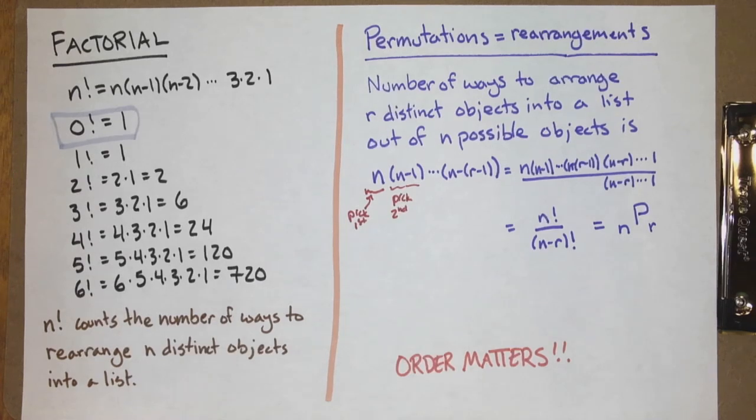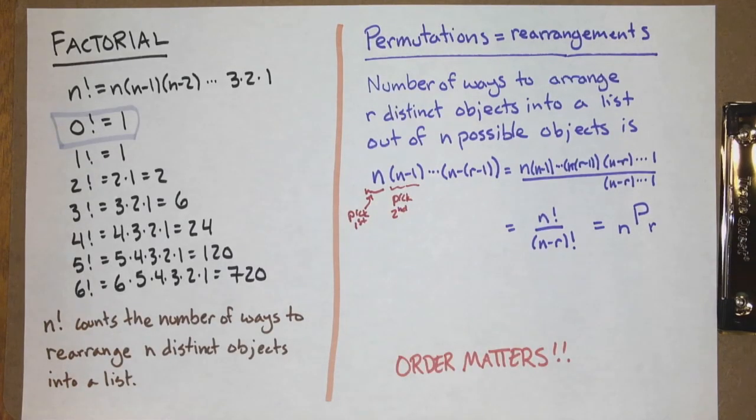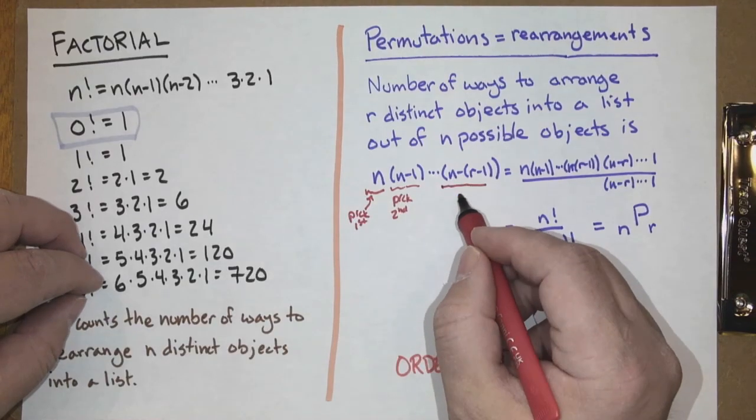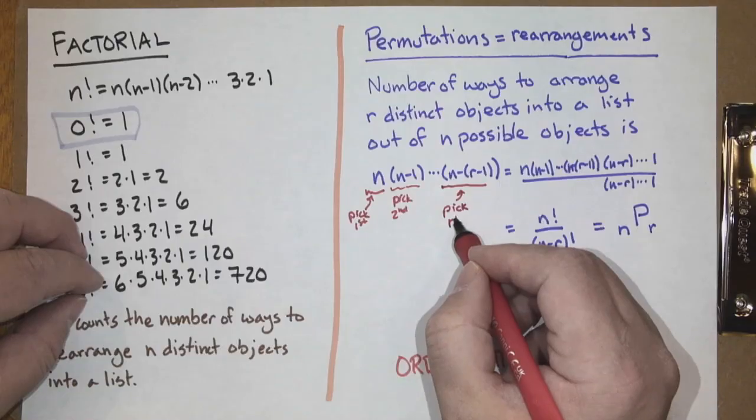How many options will I have when I pick out the third? n minus 2. And the pattern continues, dot, dot, dot. If you ever see dot, dot, dot in mathematics, that's the shorthand way of saying, and the pattern continues. Up until you pick out the rth object.